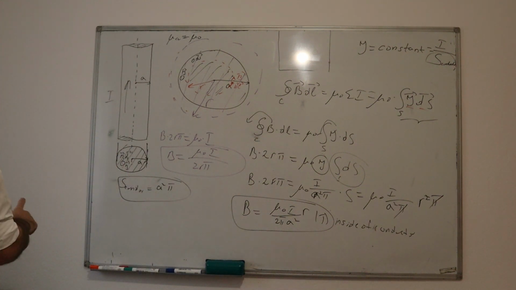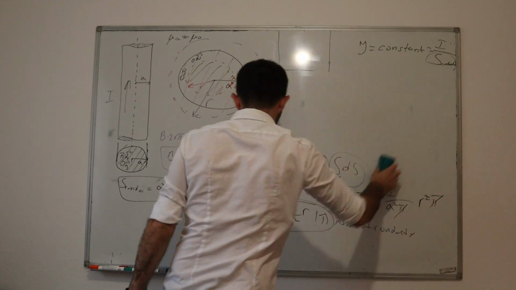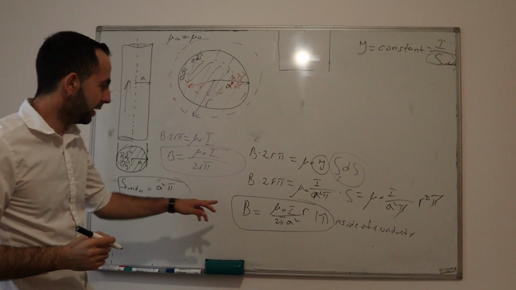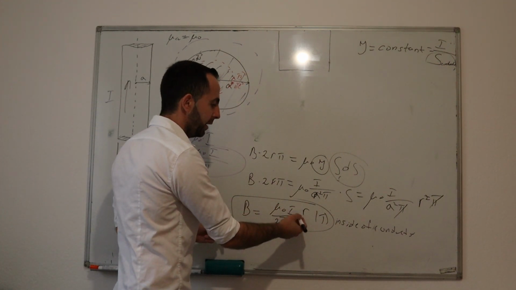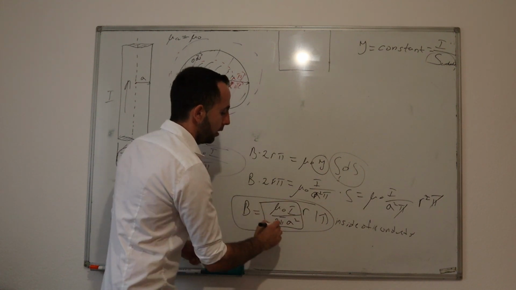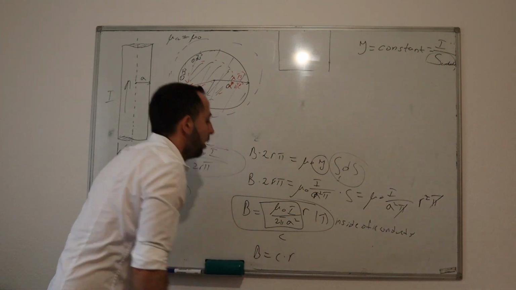So what did we get? We now need to draw it as a function. Well, inside a conductor, we got that our B is equal to mu0, which is constant, I, which is constant, over 2 pi a squared, which is constant, times r. So these are some constants, and we get that B is C times r.